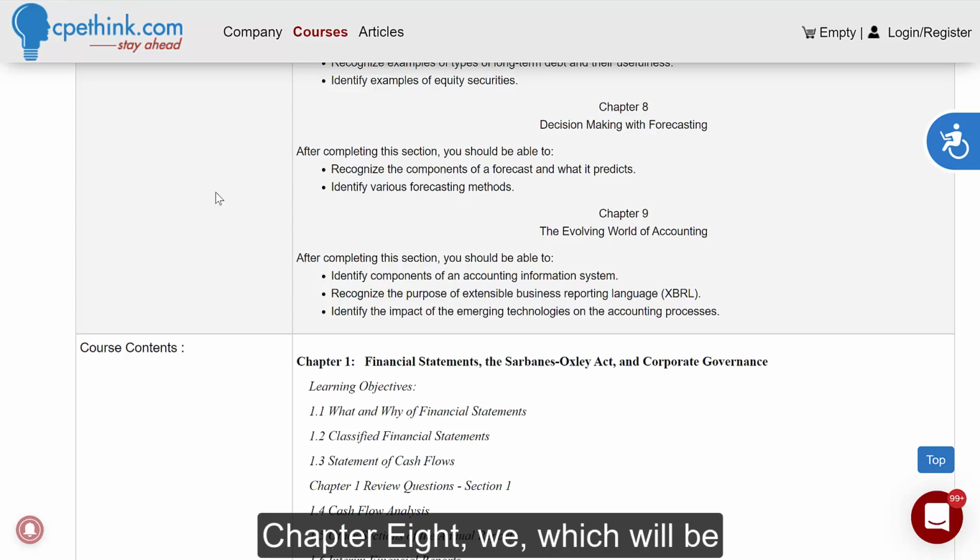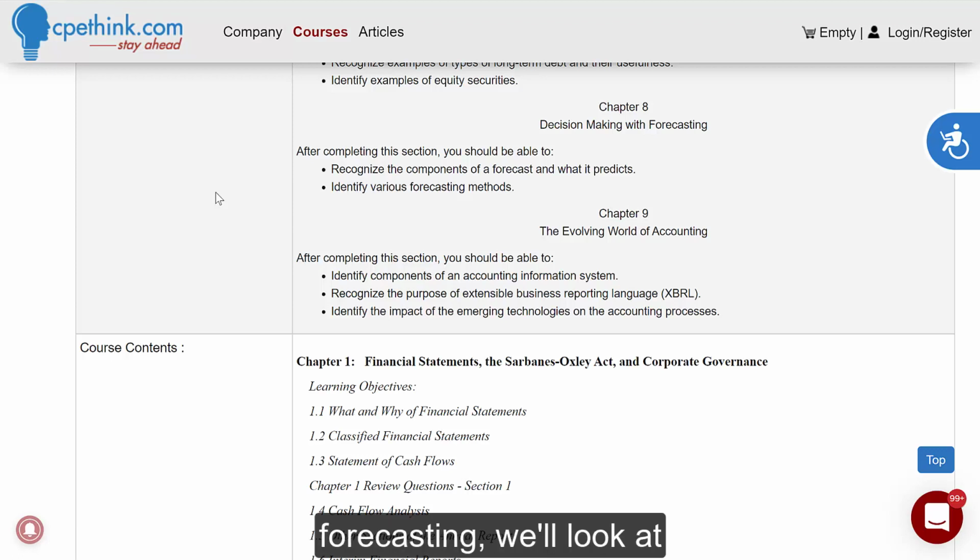Chapter 8, which will be about decision making with forecasting. We'll look at recognize the components of a forecast and what it predicts, identify various forecasting methods. Chapter 9 will be the evolving world of accounting.